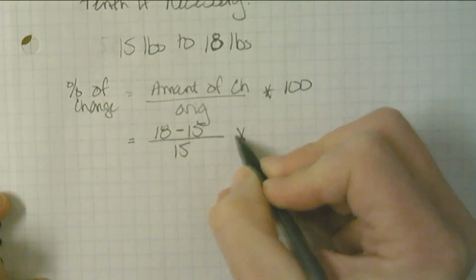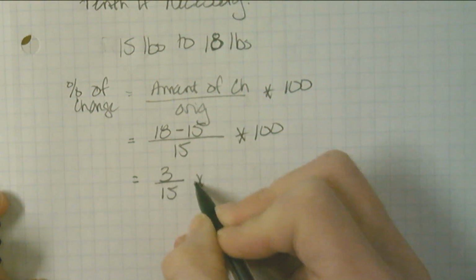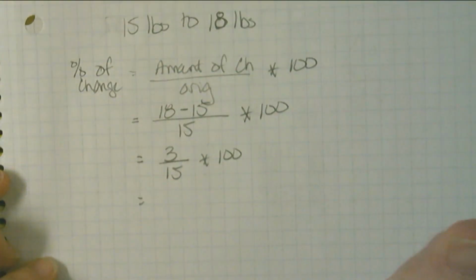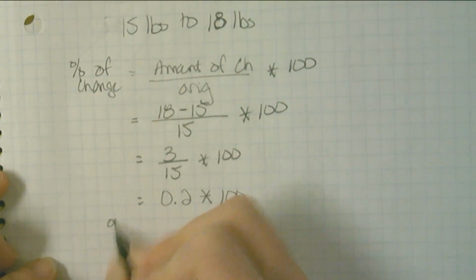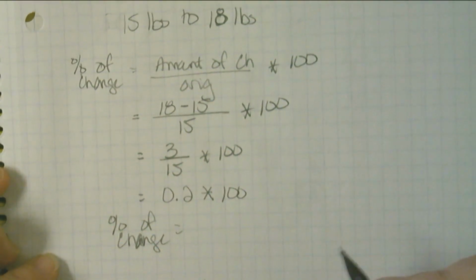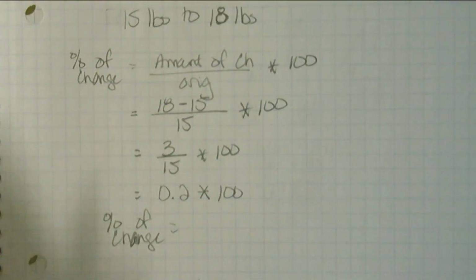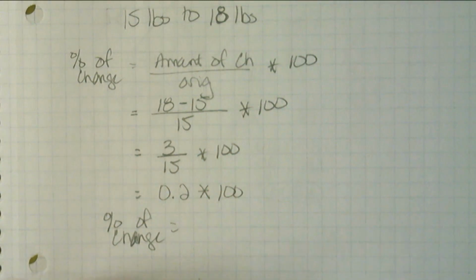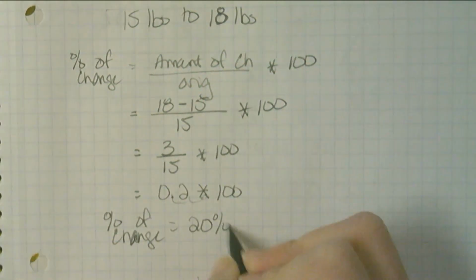Excellent. 0.2 times 100. So what is my percent of change? How many of you got 20%? Who did not get 20%? Let's check it out. I end up with 3 divided by 15. That gives me 0.2. When I multiply that by 100, I move the decimal 2 places to the right, and I do agree with 20%.